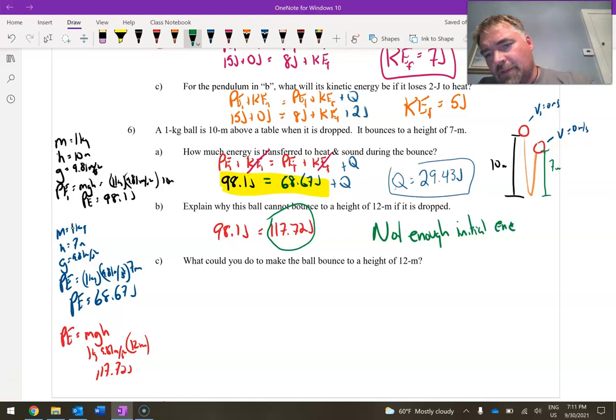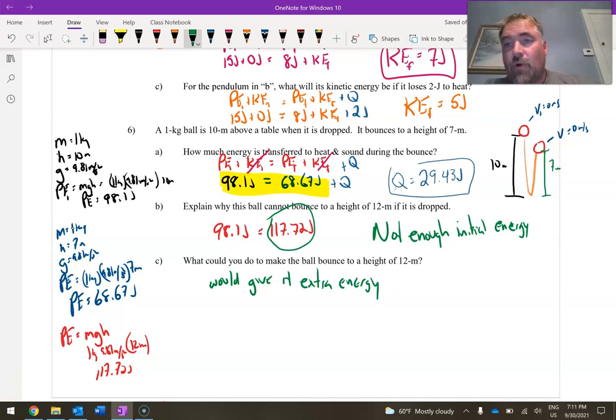So if I wanted to remedy that, if I wanted to make it bounce up to that height of 12 meters, I would have to throw it down. I would have to give it extra energy at the beginning. And usually that's done by throwing the ball initially, because if you throw the ball, then it's going to have a velocity, and then it's going to have a kinetic energy.